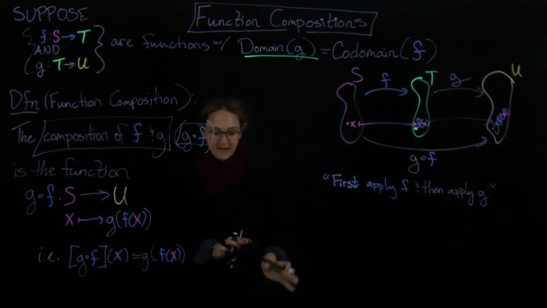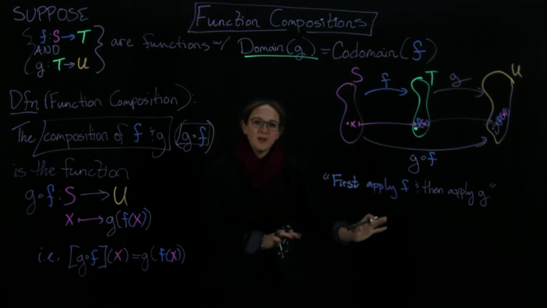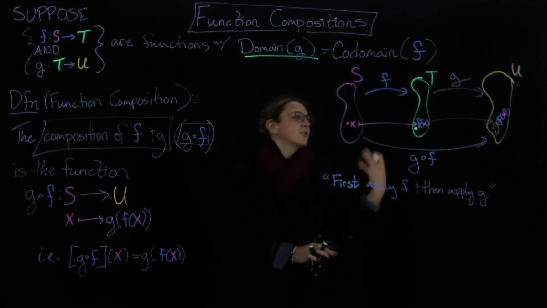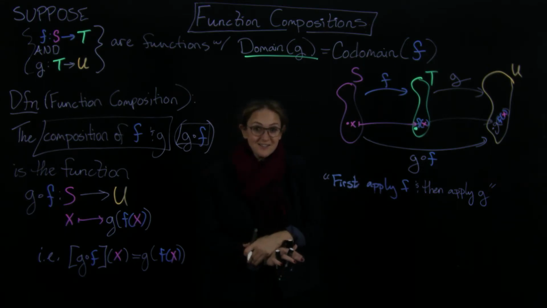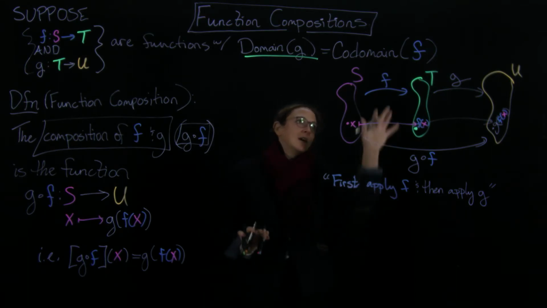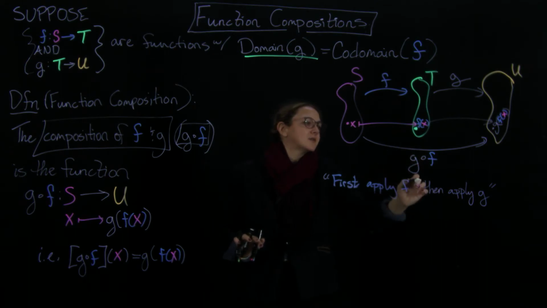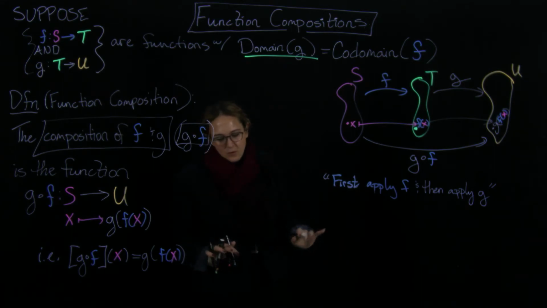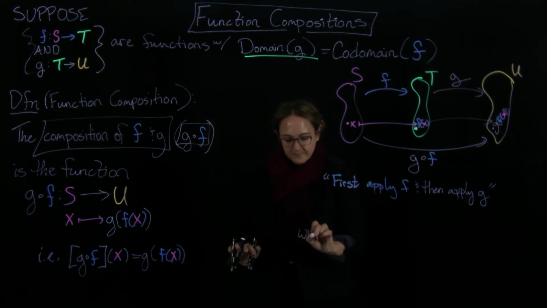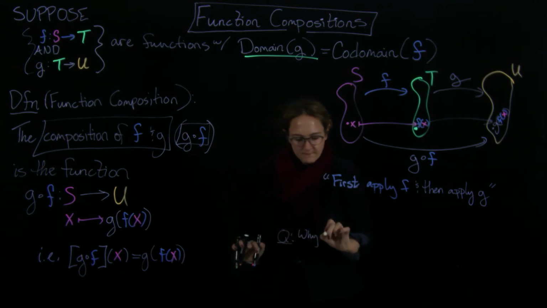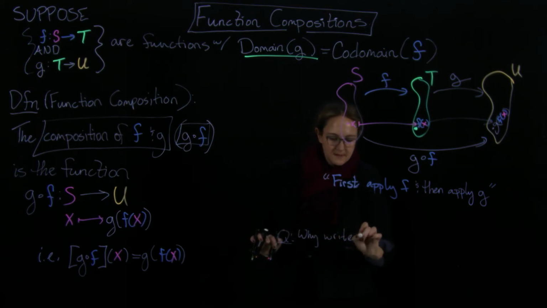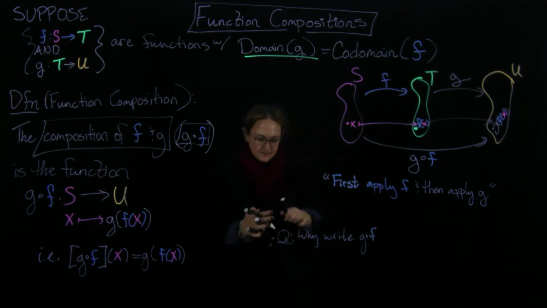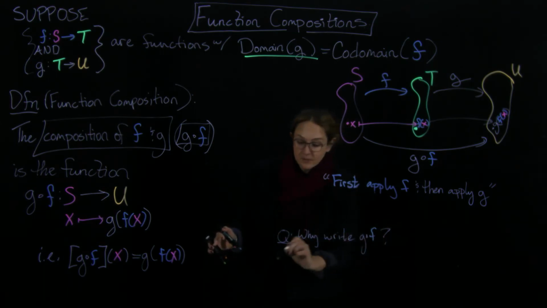So people often get confused. In fact, I used to get confused a lot about this also, so I understand that this is confusing on a personal level. Why is it g composed with f? It doesn't seem to go in the same order. So why do we write it in this order? This is my personal answer.